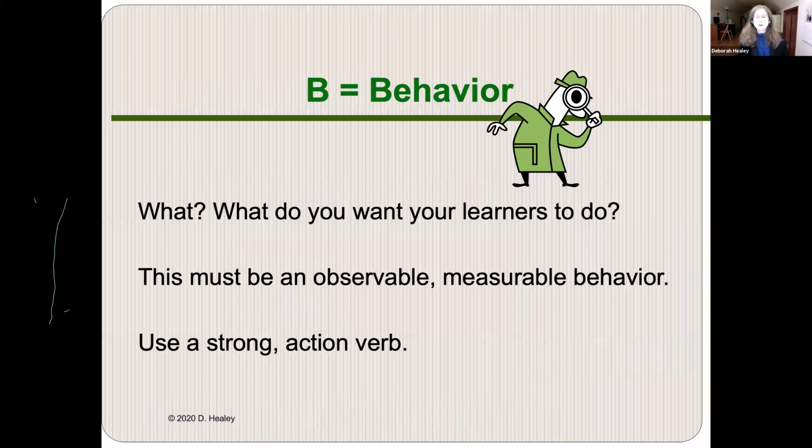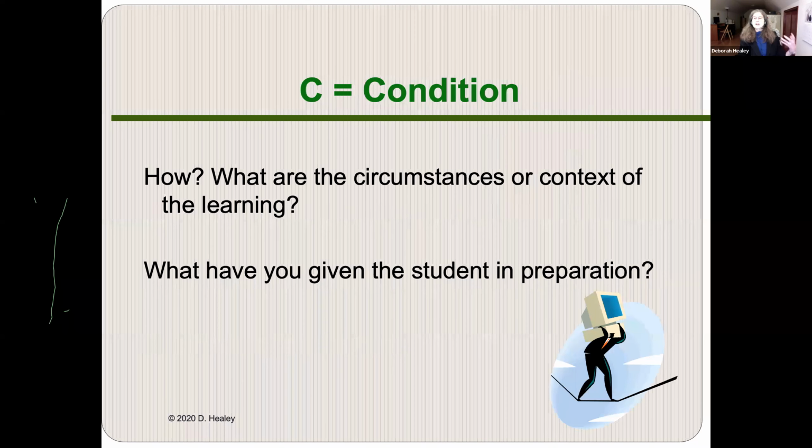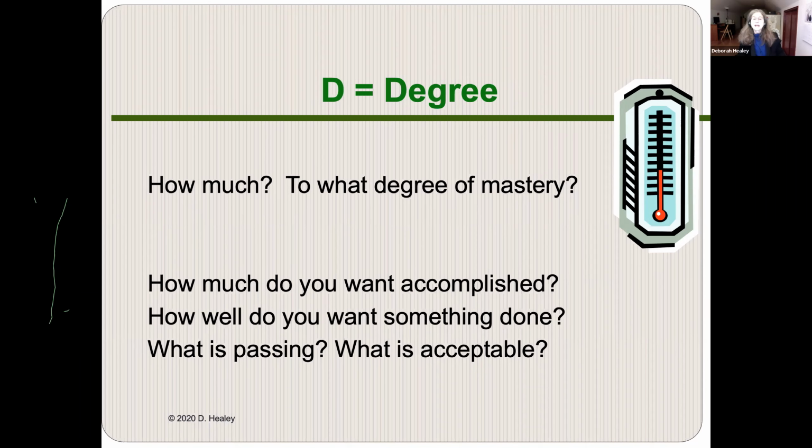So let me go back to the condition, the context of the learning, how they're prepared for the learning, and to what degree of mastery. You can use these ABCD, audience, behavior, condition, and degree, in any subject for anything.